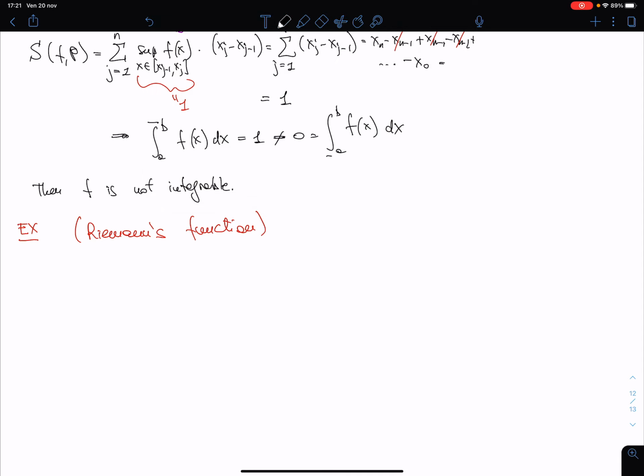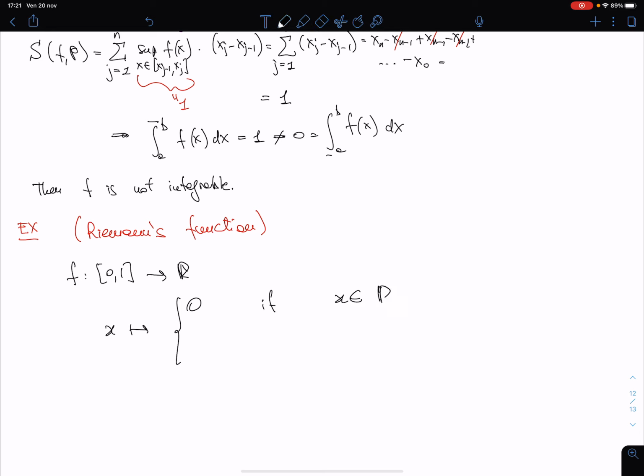You have f from 0, 1 to R that associates to every x the quantity 0 if x is irrational, and the quantity 1 over q if x is rational and of the form p over q, where p and q, of course, have no common divisors.